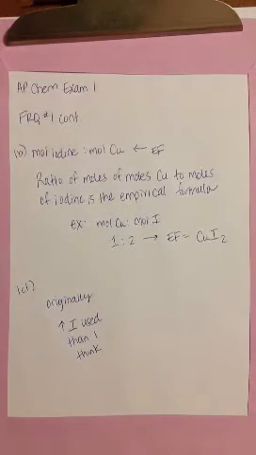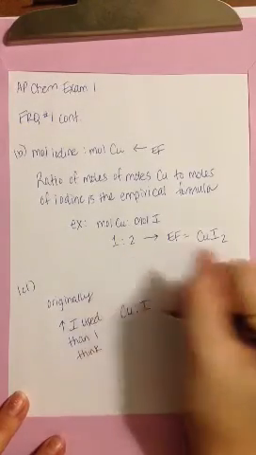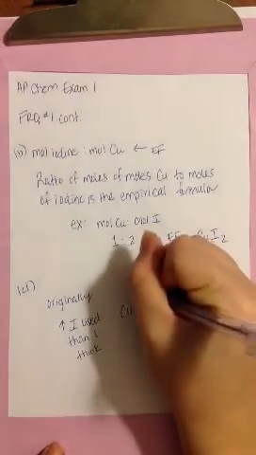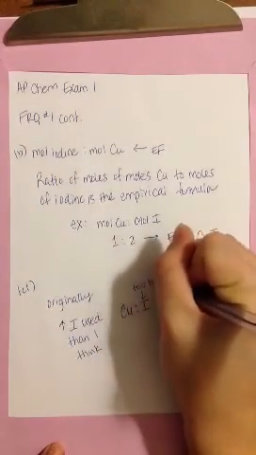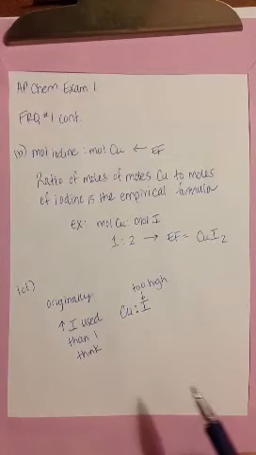So if that's true, that would make the mass of this compound, the mass of the copper strip and compound, too high. So therefore, if you compare Cu to I, when you do mole to mole, this number would be too high. Therefore, the empirical formula will be off.